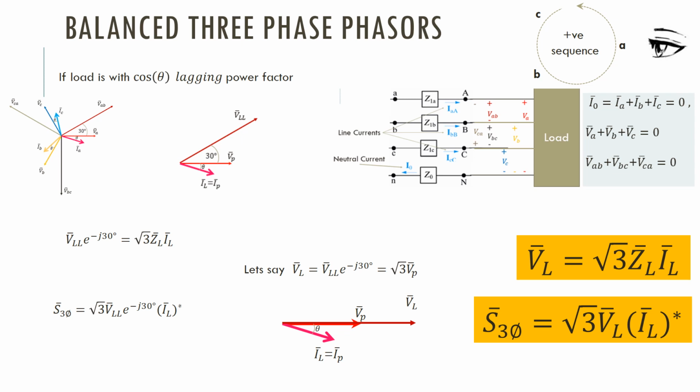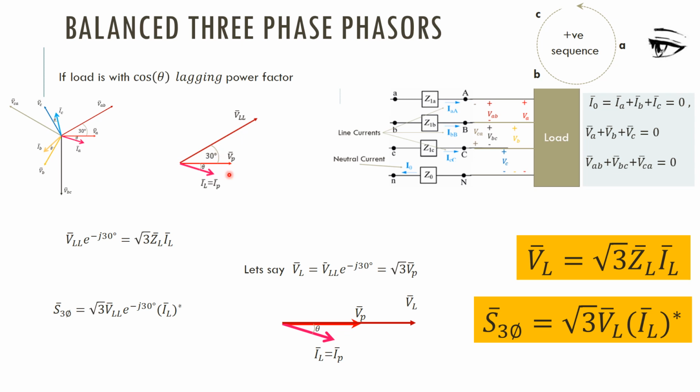These are the two equations we got so far, right? If you consider the line voltage in another notation, that means the line voltage in direction with VP, here we are having a small notation.